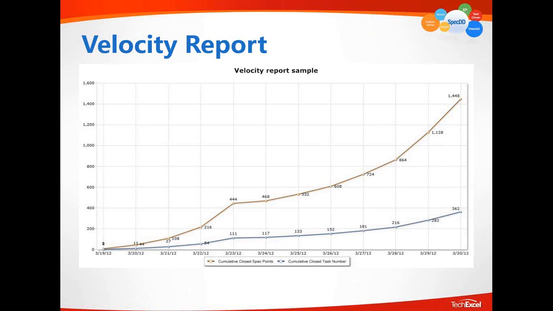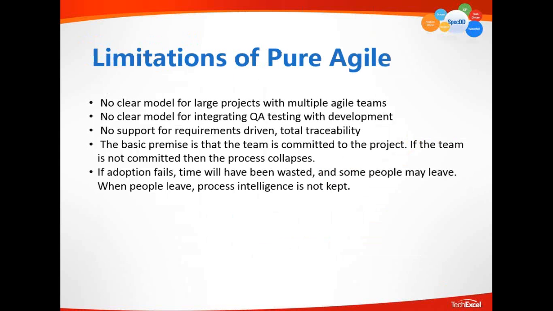Meaning, some tasks have more value than others. Therefore, the contribution a team member makes should not be based just on the number of tasks closed, but rather on the number of points accomplished by each team member, contributing to the success of the working software. That is the velocity report.